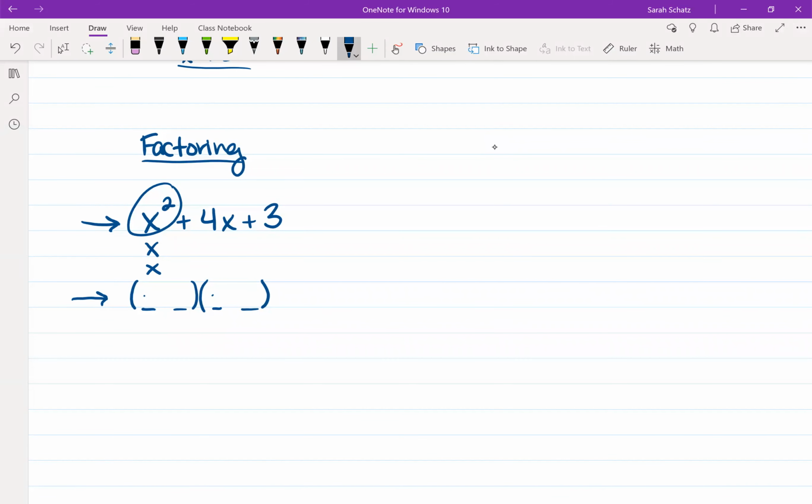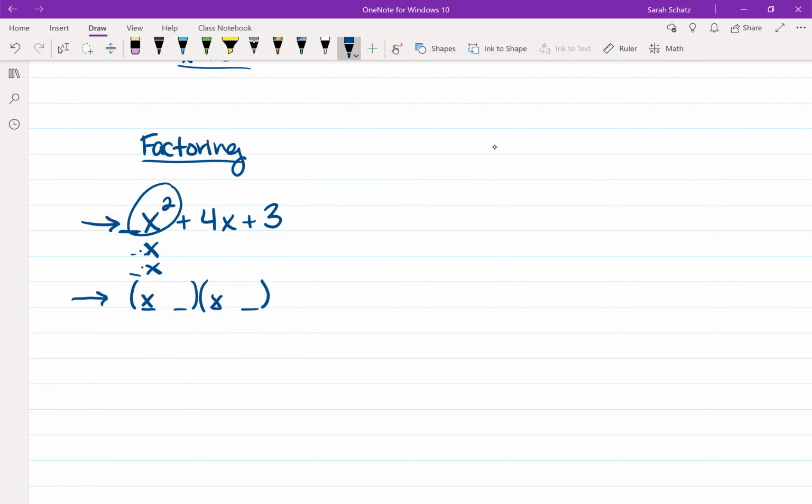Anytime you're factoring, even if this has a coefficient on it, when you factor this, both of these factors are going to be x. There might be some kind of number here at some point, and we'll look at that, but you're always going to split the x's. So I know the 2 first terms are x and x. So let's go ahead and put those here.